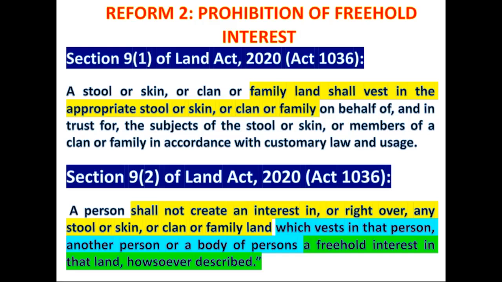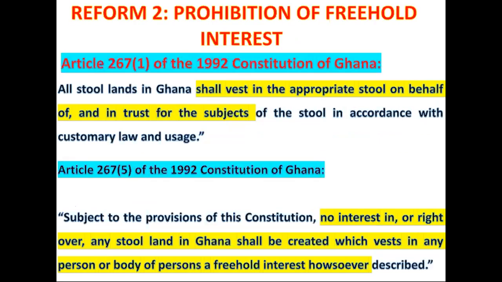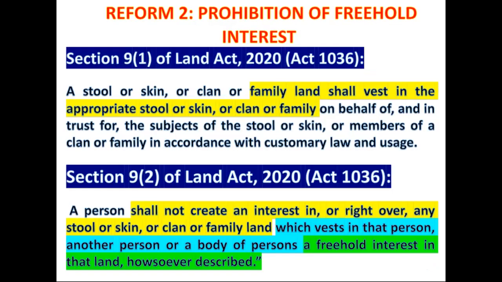Now let us compare this to what we had under Article 267 Clause 5. Article 267 Clause 5 only prohibits the creation of freehold interest in stool land. But this new Section 9, Subsection 2 of the Land Act of 2020, Act 1036, is prohibiting the creation of freehold interest in family land as well.